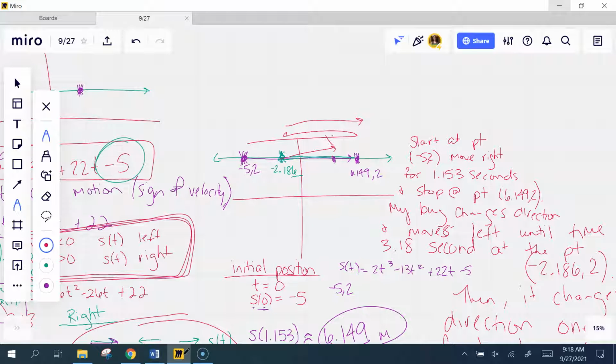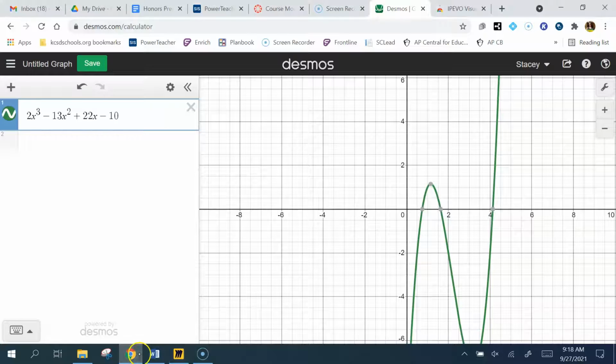So it passed it 1, 2, 3 times. I should have 3 zeros on here, and I do. So it was at the point at 0.745 seconds, at 1.626 seconds, and at 4.129 seconds.